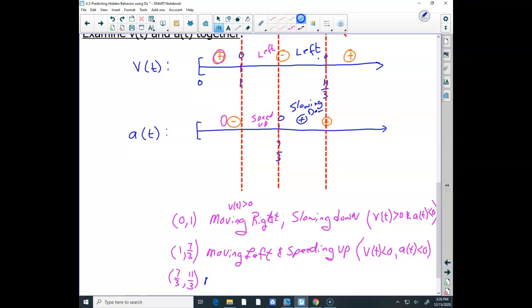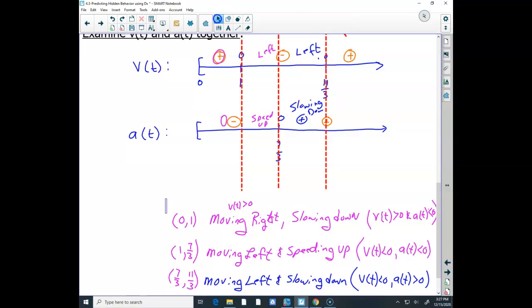So, what did we say? We said moving left and slowing down. Justify your answer: I'm moving left because v of t is less than 0, and I'm slowing down because a of t is now positive. They're not working together anymore, okay? They're working against each other.